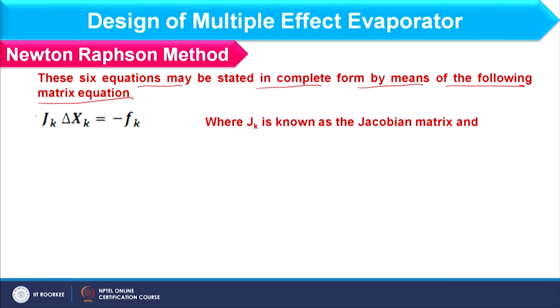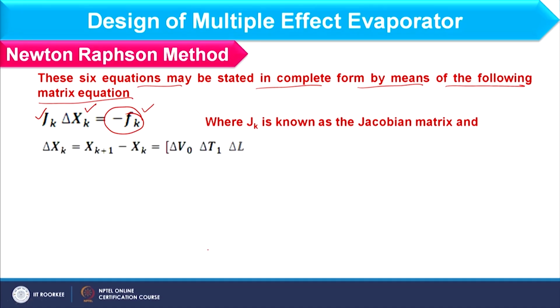So, here I am having the Jacobian matrix, that is capital J k into variables, that is delta x k, and here I am having the function value, and if you recall the Taylor series expansion, it was added with the derivative term, right. So, here I am having the minus f x value.